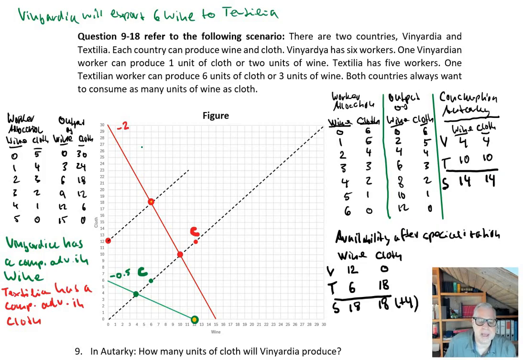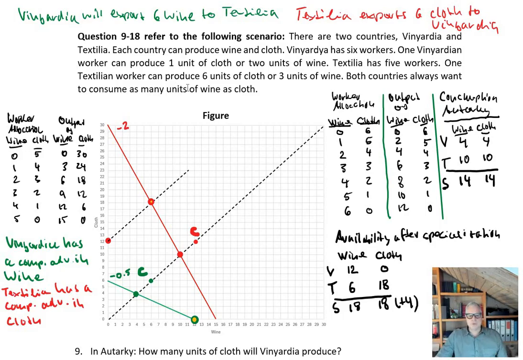Textilia produces 18 units of cloth, but consumes 12. So in this case, we would observe that Textilia exports 6 cloth to Vineyardia.